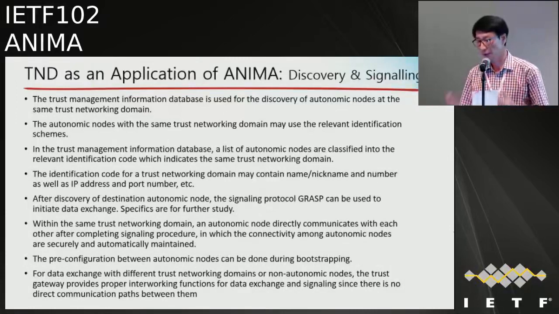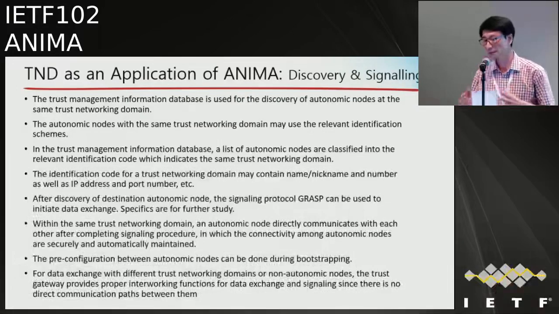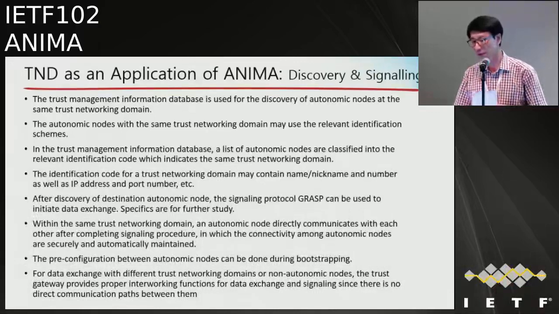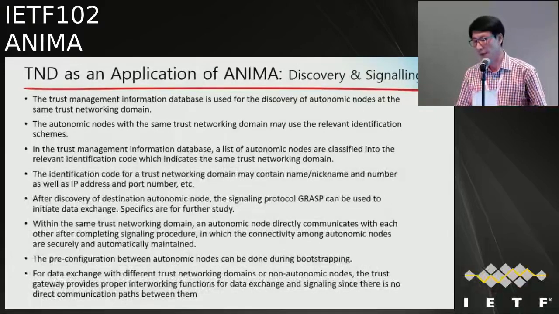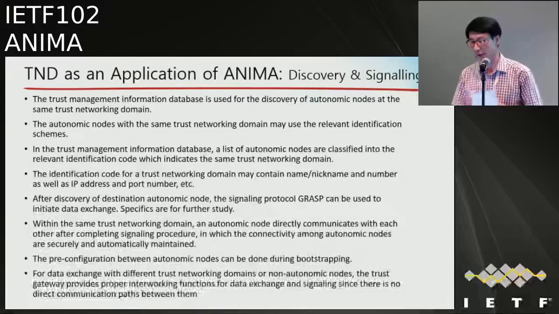From the signaling point of view, since this group has already defined the GRASP protocol for signaling purposes, we can utilize the existing mechanism for communicating between the nodes. If any specific extensions are needed, we need to consider them, but that is for further study.